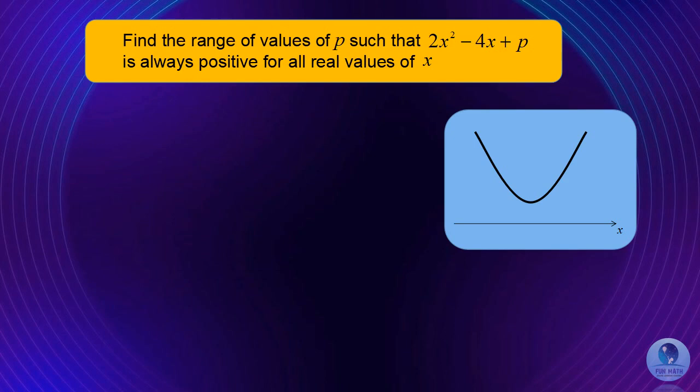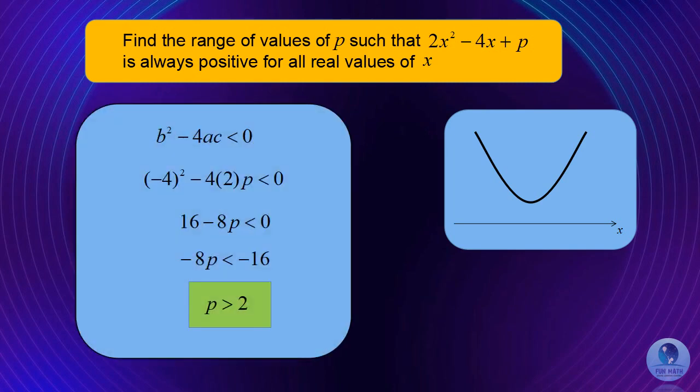Since the function is always positive for all real values of x, therefore the graph will always be above the x-axis. In other words, this function has no real roots. Therefore, b squared minus 4ac is lesser than 0. Substitute all the values into the inequality and you get the final answer, p is greater than 2.